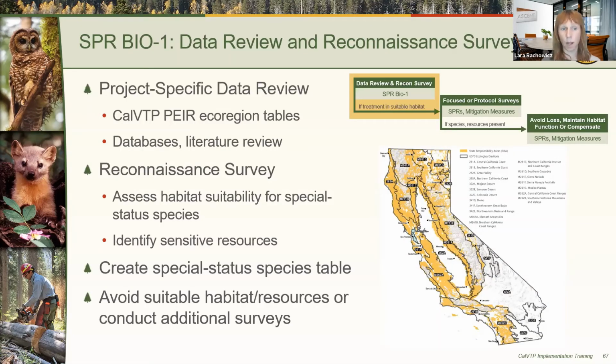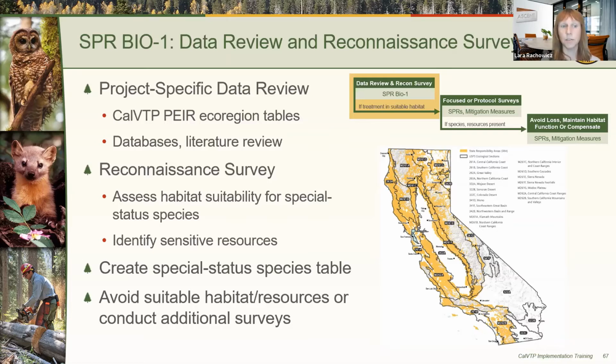SPR Bio 1 provides additional guidance for how to conduct the data review and reconnaissance survey. The results of the data review and reconnaissance survey should be included in the PSA in order to identify the baseline habitat and vegetation types and any potential sensitive resources in the treatment area.